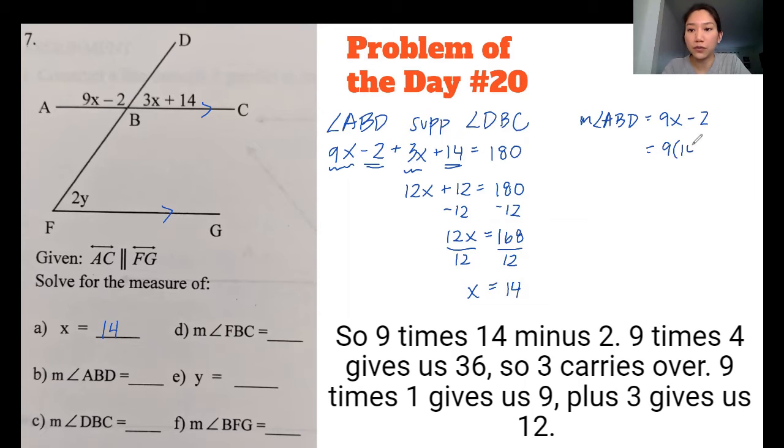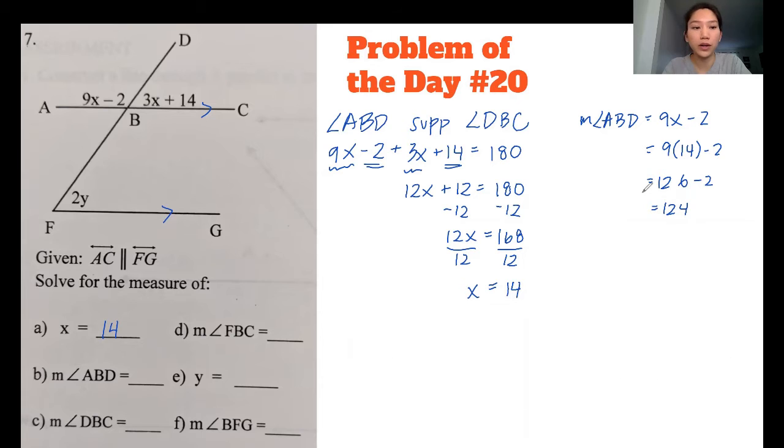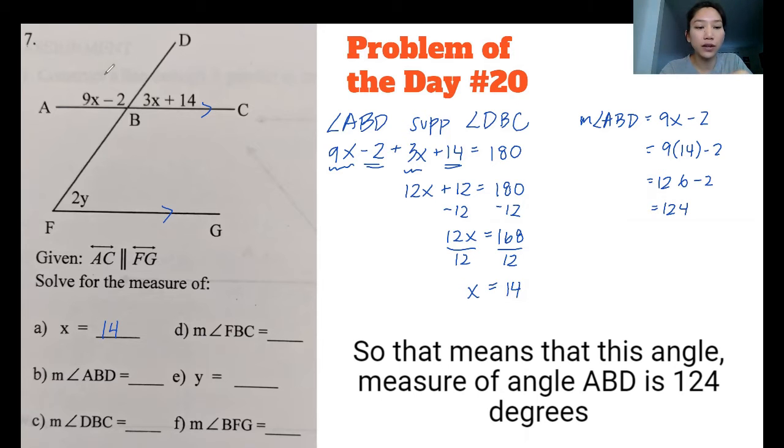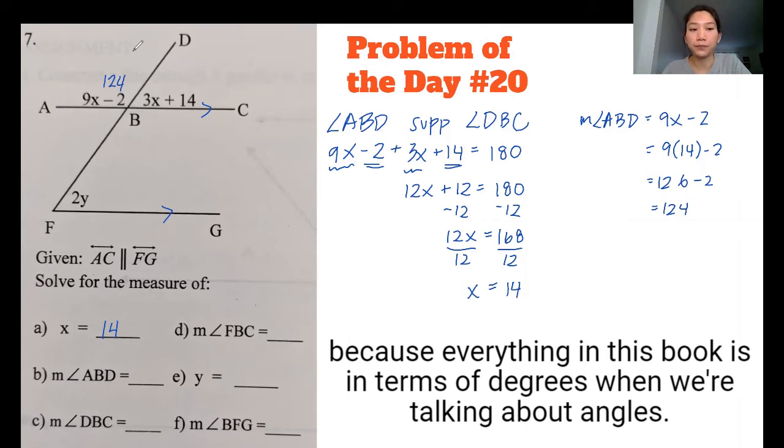So 9 times 14 minus 2. 9 times 4 gives us 36, so 3 carries over. 9 times 1 gives us 9, plus 3 gives us 12. So we have 126 minus 2 gives us 124. So that means that this angle, measure of angle ABD, is 124 degrees, but we're just not going to write the degree measure because everything in this book is in terms of degrees when we're talking about angles.